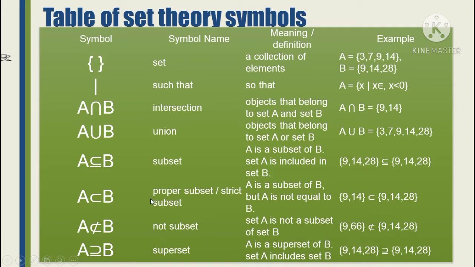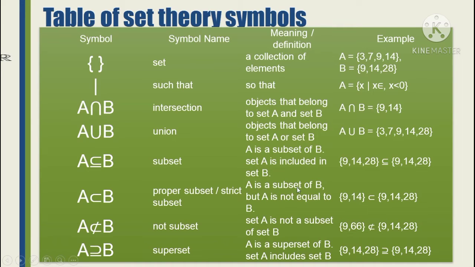Okay, next symbol natin. This one. A is a proper subset or strict subset of B. So, we could say that the meaning of this is A is a subset of B, but A is not equal to B. So, ulit natin, basahin.